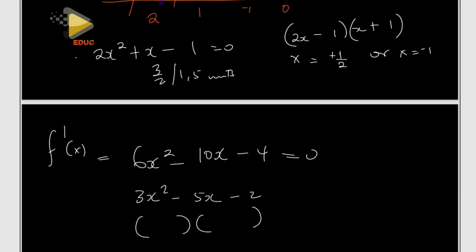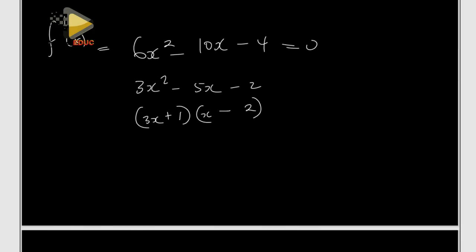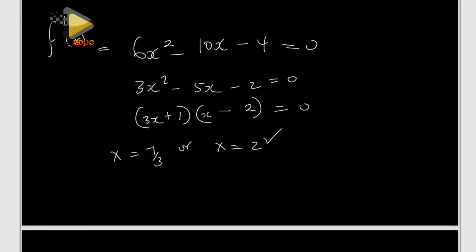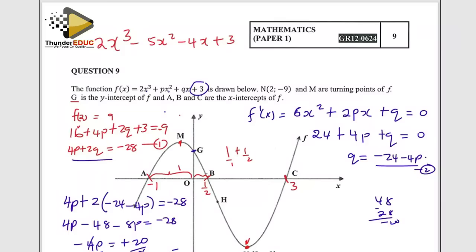I can factor this: 3x and x, a 2 there and a 1, making this a minus and a plus. Let's see, does it give us the same thing? Most probably. So x is negative a third, or x is 2. Since M is on the left hand side, we already have this 2, which confirms our answer. So the x value of M is negative a third.